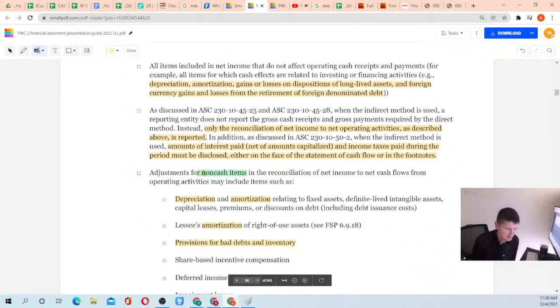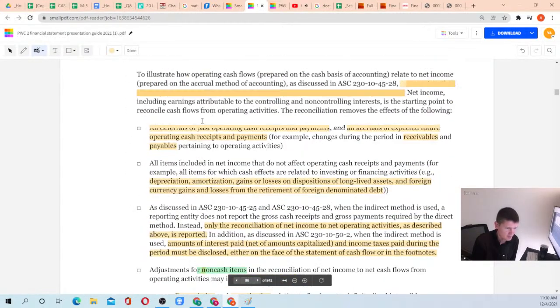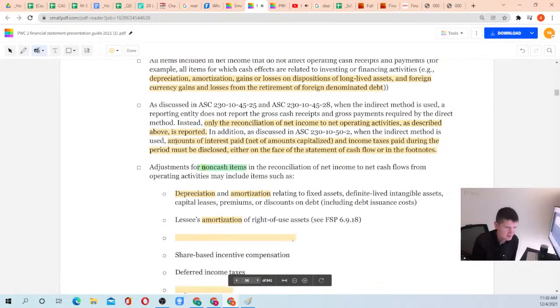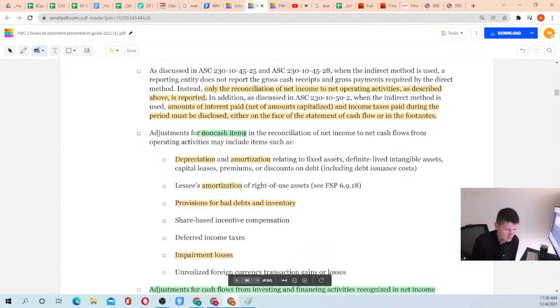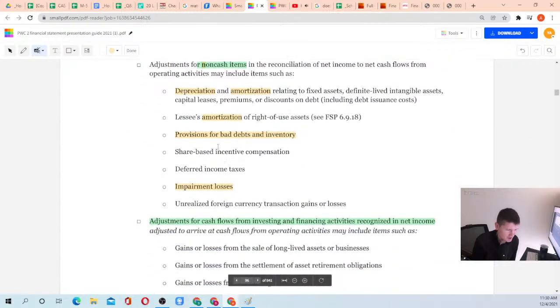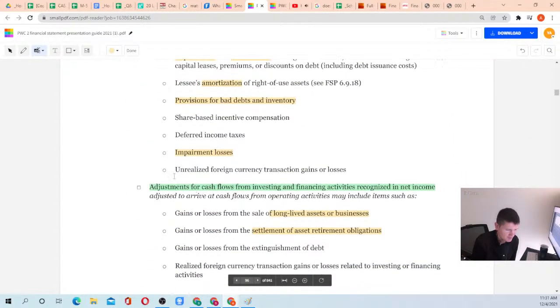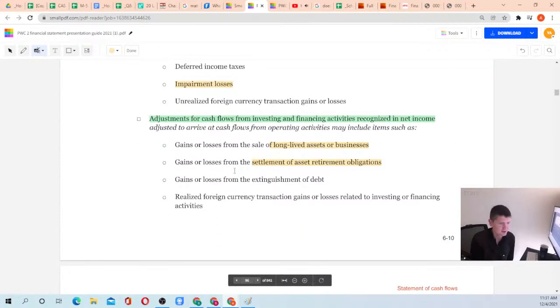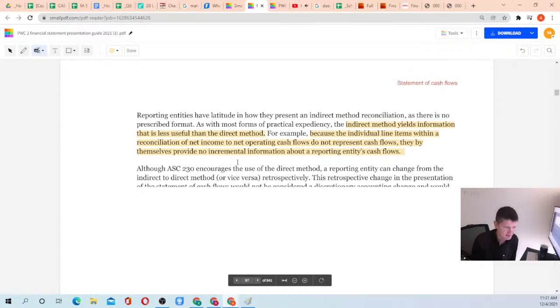So here we have a list of adjustments for balances, and we have adjustments for non-cash items like depreciation, amortization, provisions, and we also have adjustments for cash flows from investing and financing activities recognized in net income. So some of our investing and financing activities can be part of our net income, and we need to reclass those activities from our operating cash flows to our investing and financing activities.